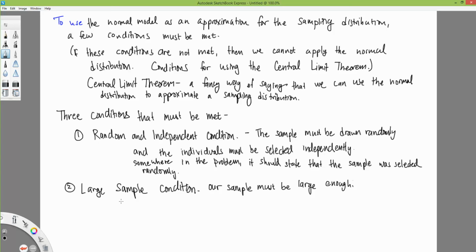There are actually two parts to the large sample condition. N times P has to be greater than or equal to 10, and N times 1 minus P also has to be greater than or equal to 10.